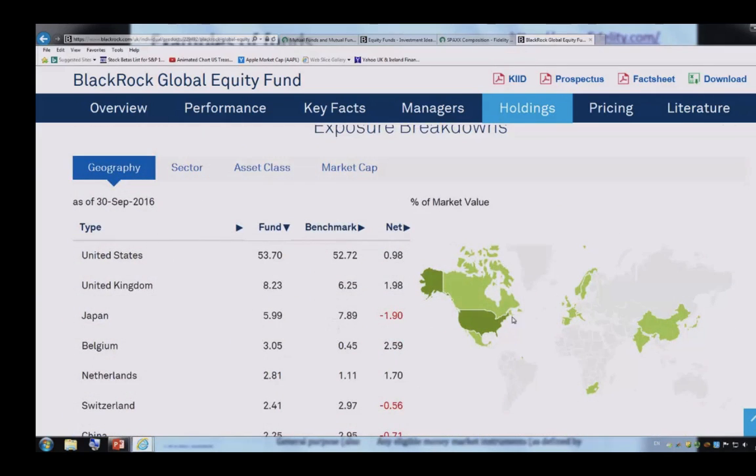This is the geographic distribution. 50% in US companies, 8% in UK, 6% in Japan, and then Belgium, Netherlands, and Switzerland. Obviously, with a global equity fund, you can diversify country-specific idiosyncratic shocks, to some extent.